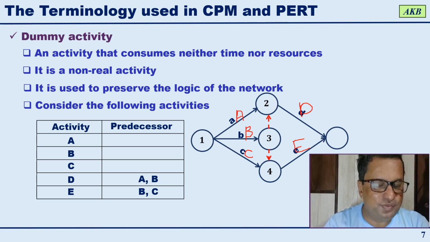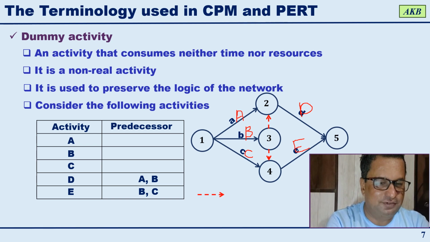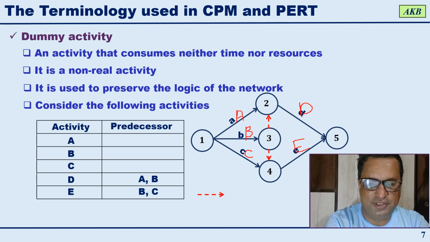In this way you have used two dummy activities on this network diagram. The motive is to preserve the logic. Finally, after activities D and E you don't have any other activity, so they can simultaneously get completed at event 5.